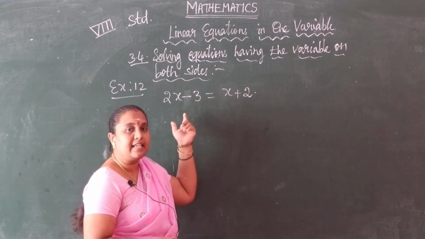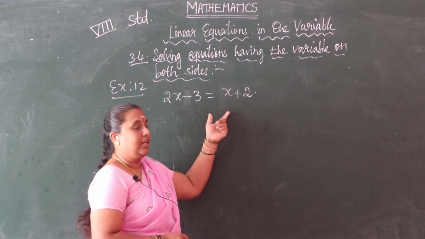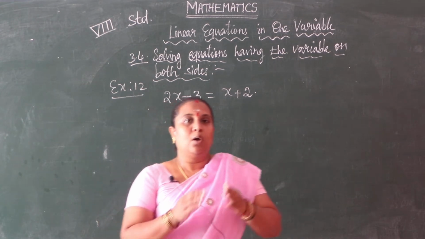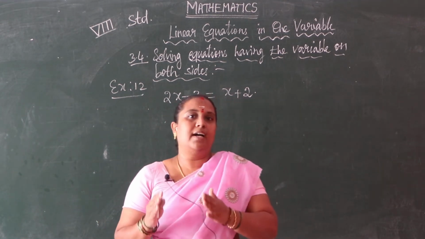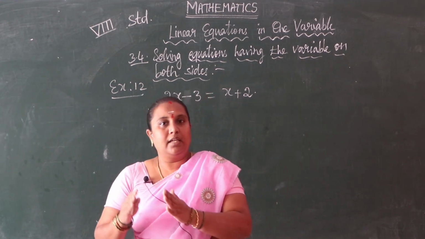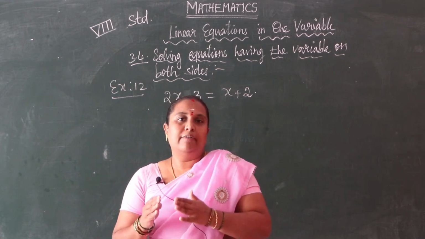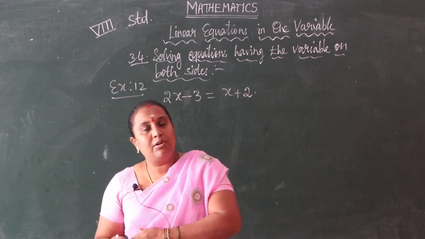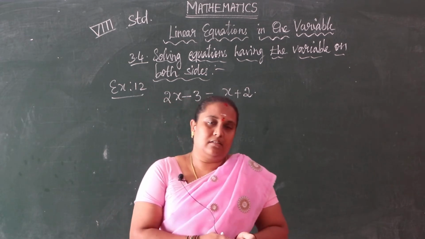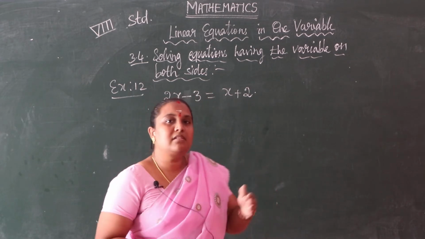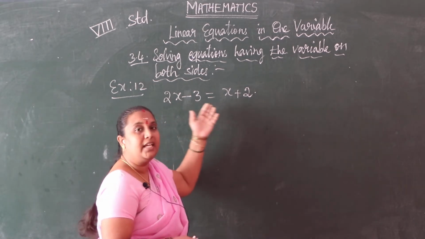X is a variable, so we take the variable terms to one side of the equation, either the LHS side or the RHS side. LHS side we are able to find, that is very easy.